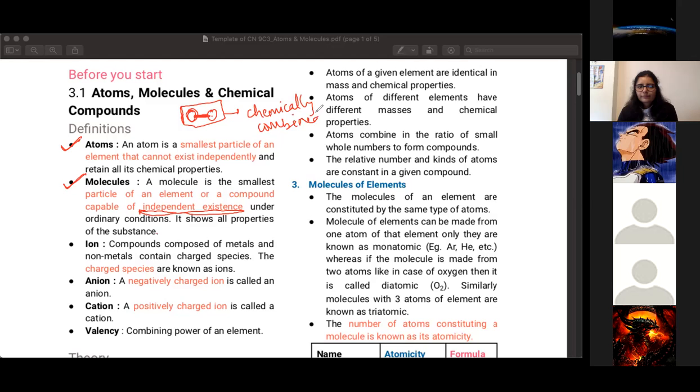You can write either chemically combined or use the word bonded, chemically bonded to each other. Let me know when you've noted it down, and we'll go to the next part.